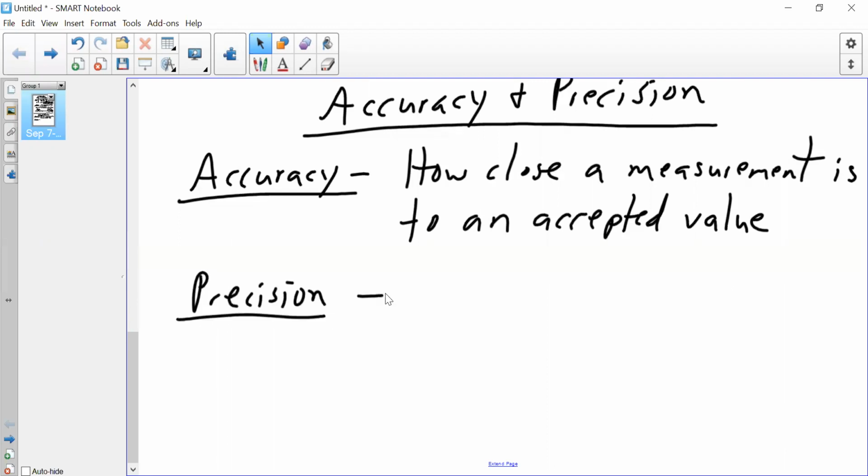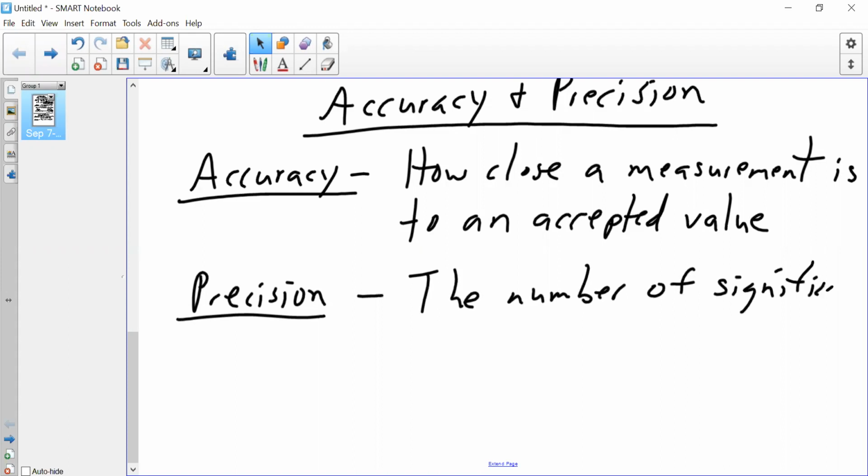Precision deals with the number of significant figures in a result. The more sig figs you have in your results says something about your instrument. Like I had the example of the meter stick.